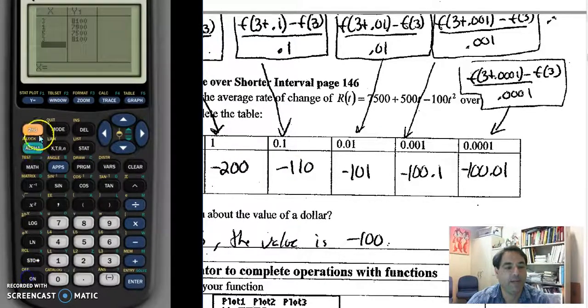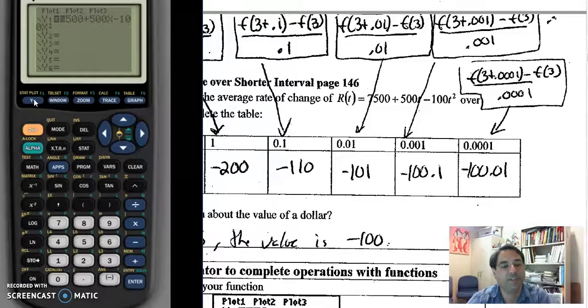Let's double check that we have the function in y1, 7500 plus 500x minus 100x squared. Then we're going to do second mode. Now, we're going to plug in all these formulas slowly in the calculator. So we're going to start with parenthesis, because we're going to put that entire top portion in parenthesis.